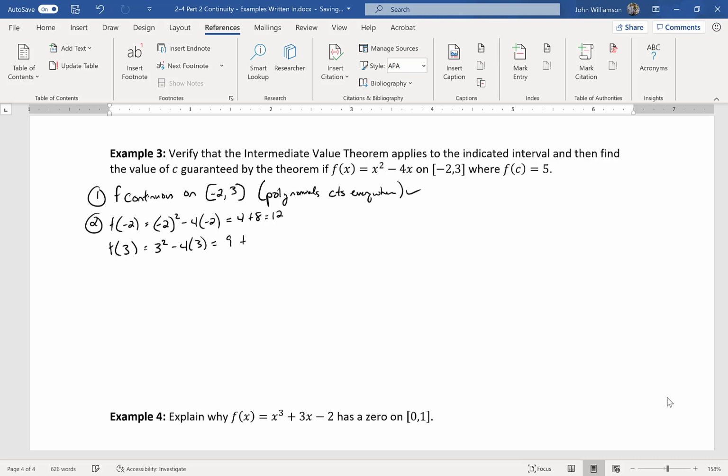So 9 minus 12 then gives us -3. So since these are different, positive 12 does not equal -3, then the intermediate value theorem applies.